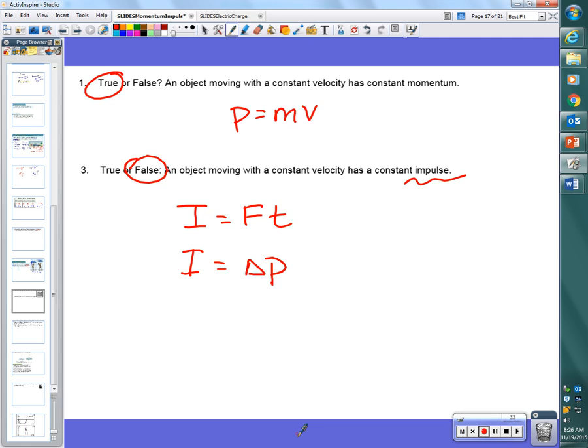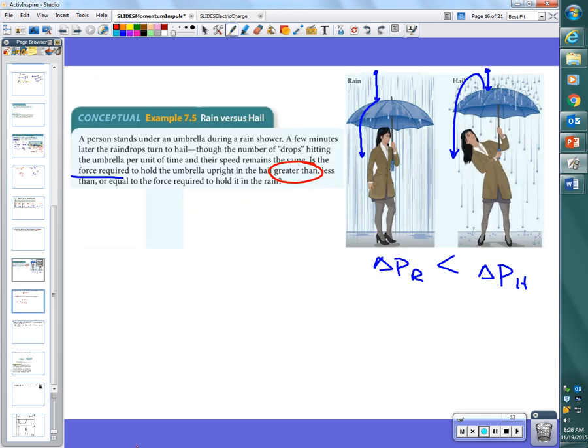I suppose you could make the argument that if it's moving with a constant velocity, it continually has a 0 impulse, but more accurately, we should say that the impulse is 0. But more importantly to this discussion, that whole impulse momentum theorem: that impulse causes a change in momentum.